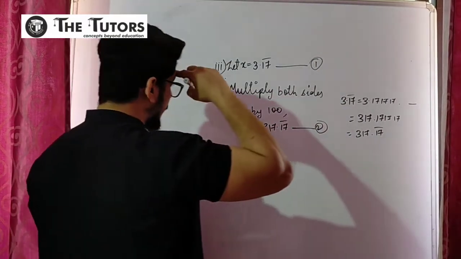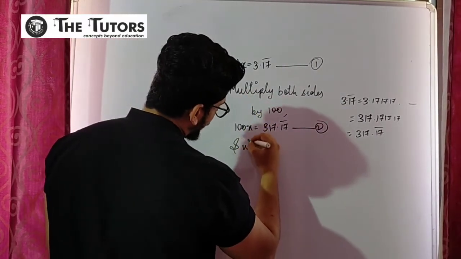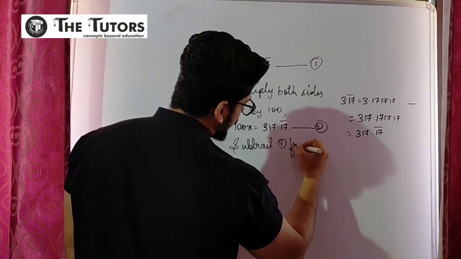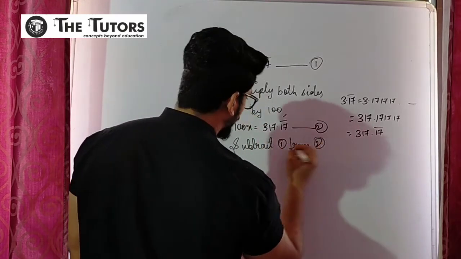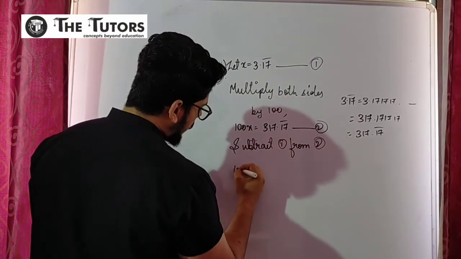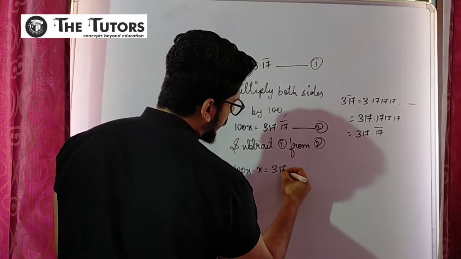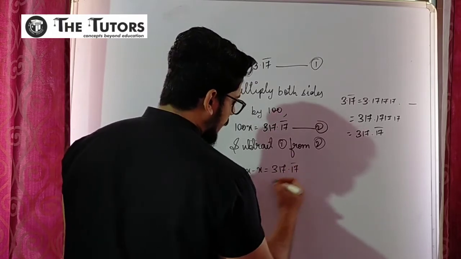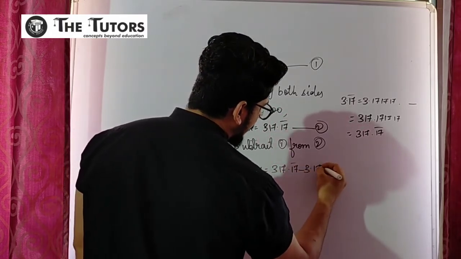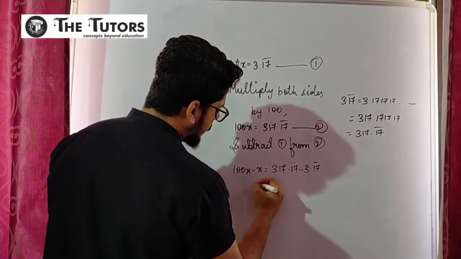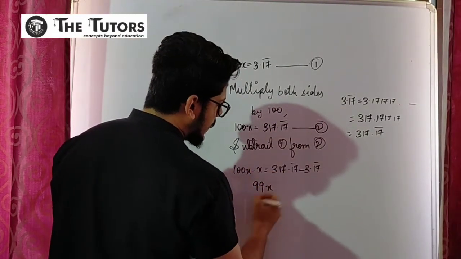Then you do it as in the previous sum, subtract 1 from 2. You will have 100x minus x is equal to 317.17 bar minus 3.17 bar. 100x minus x is nothing but 99x.